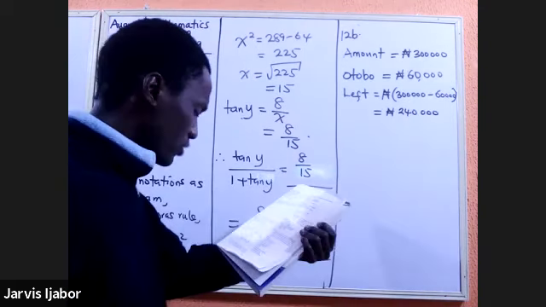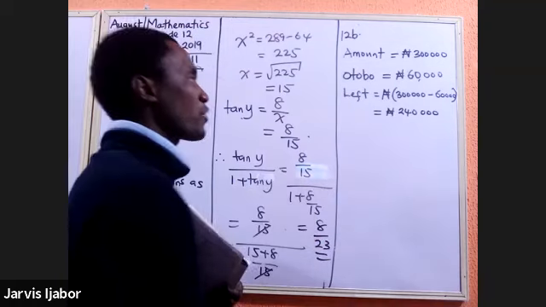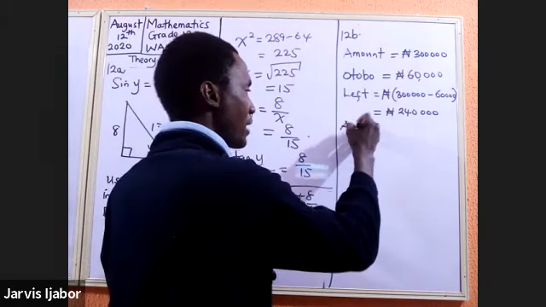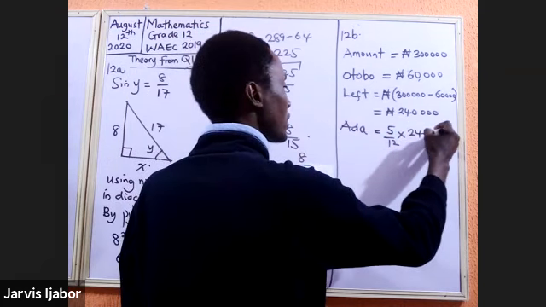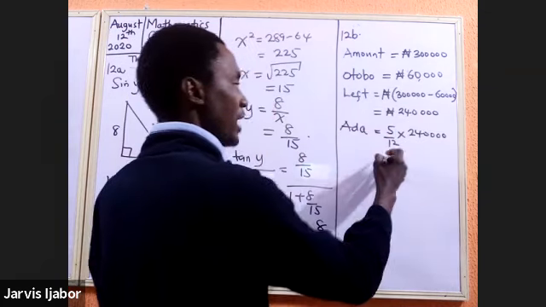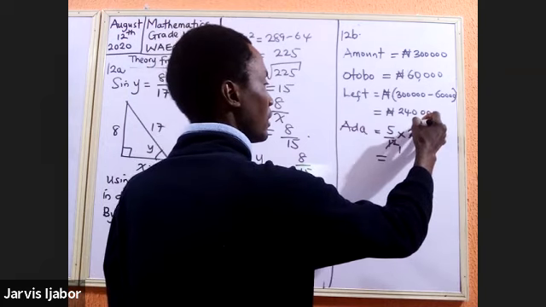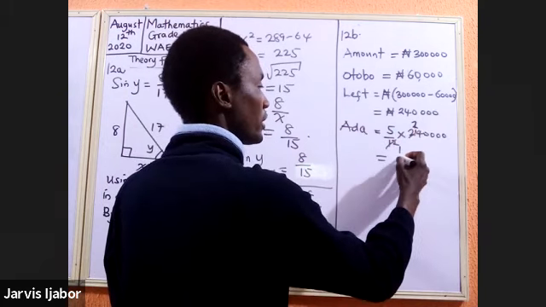Now we are told that Ada received 5 over 12 of the remainder. So Ada will be equal to 5 over 12 of 240,000. So that will be 100,000.